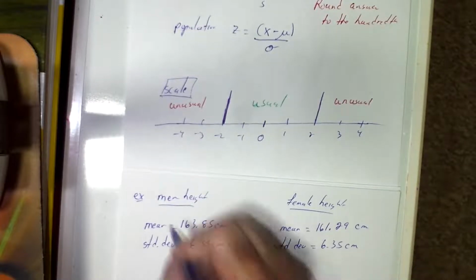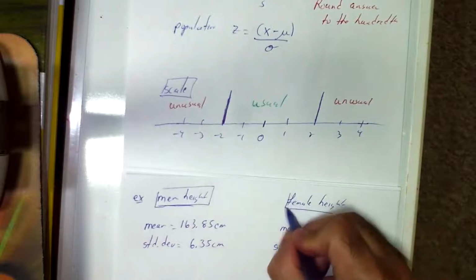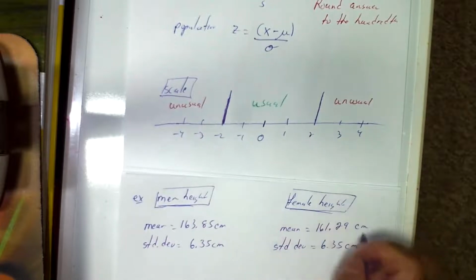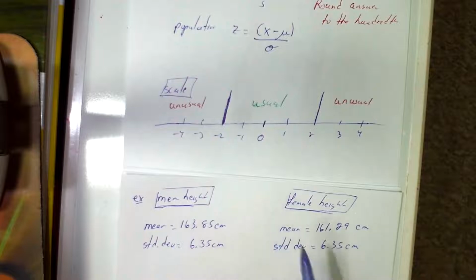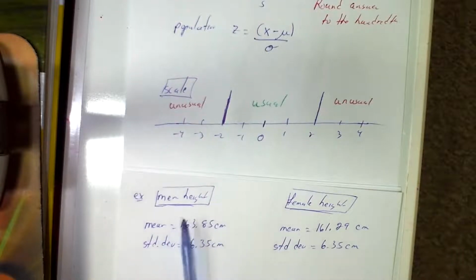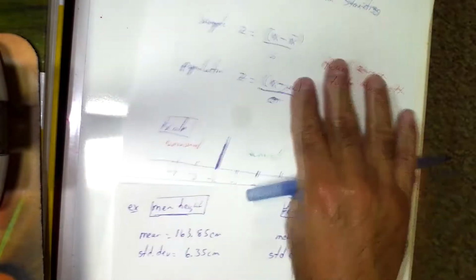So it depends on the gender of the item we're going to test. If you're going to test someone and they're male, you have to use the male heights. If it's female, of course, you have to use the female heights. So calculating the z-score depends on the gender.